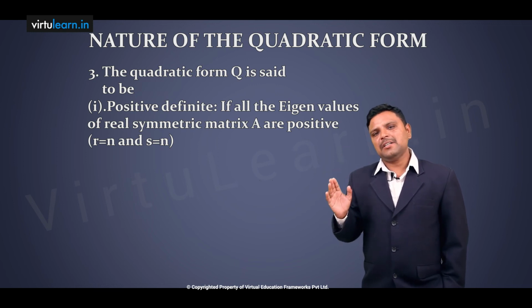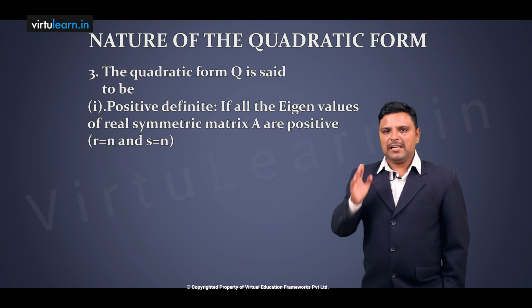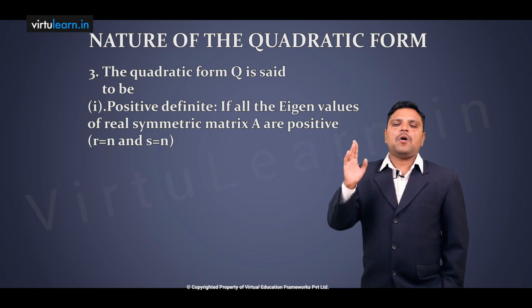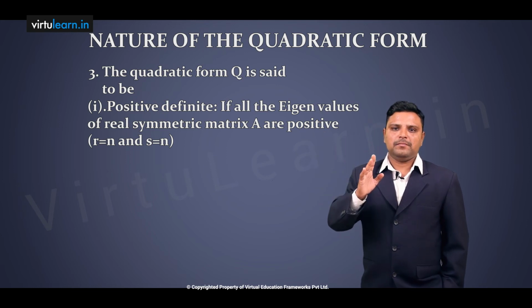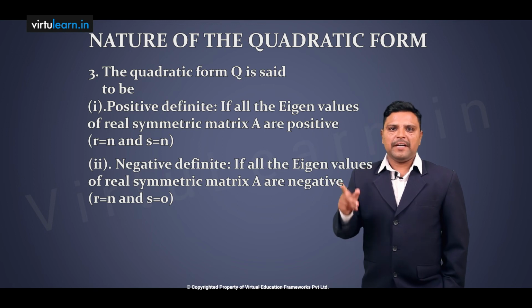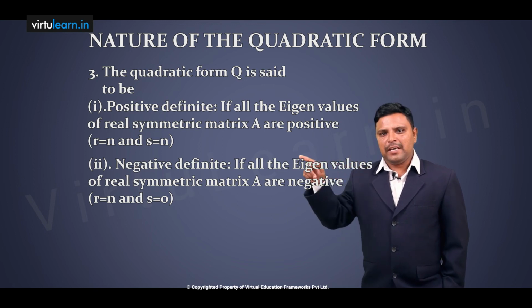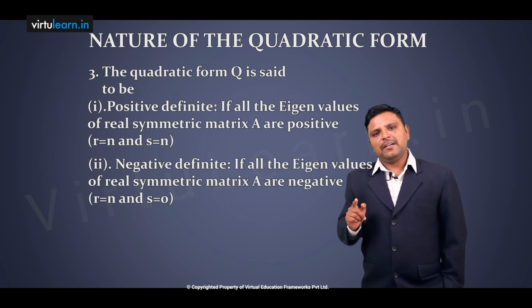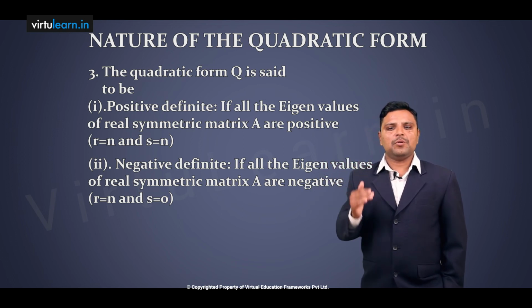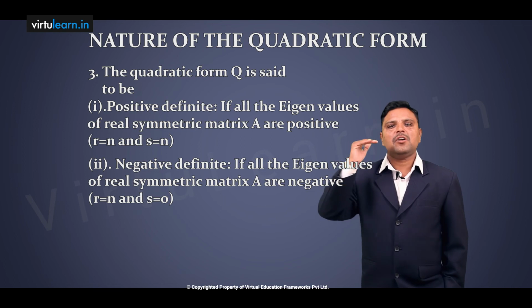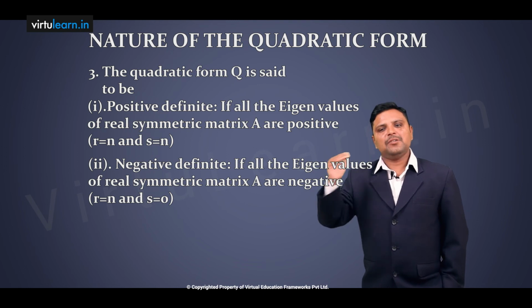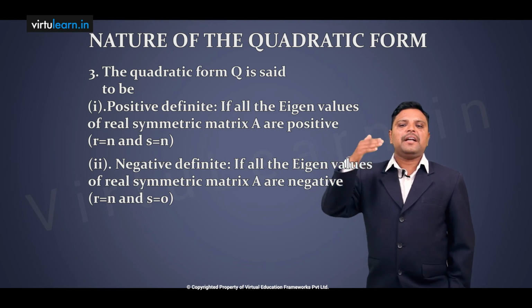Second one, negative definite, if all eigenvalues of A are negative numbers. For positive definite we have a formula also: r equal to n and s equal to n. Here, r equal to n and s equal to 0 is the formula for negative definite.